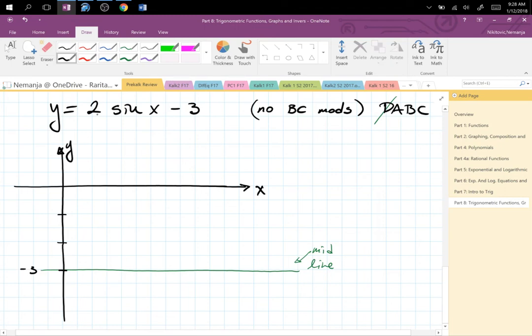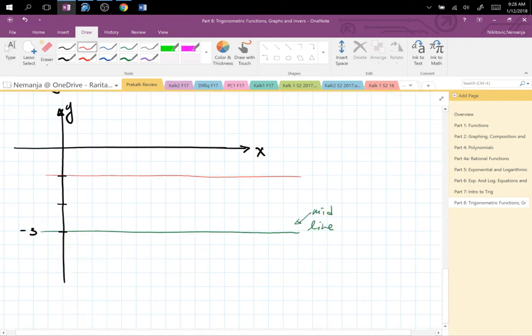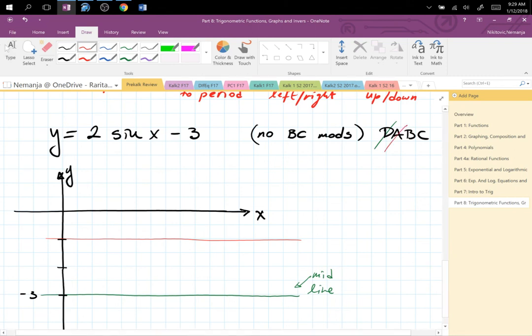So now from the midline, you will count 2 units up and 2 units down. Let's use red for that. So 2 units going up will give me this upper bound line, the red line, and then 2 units down will give me the lower line like this. And I'm going to cross A with red because I'm done with that as well.